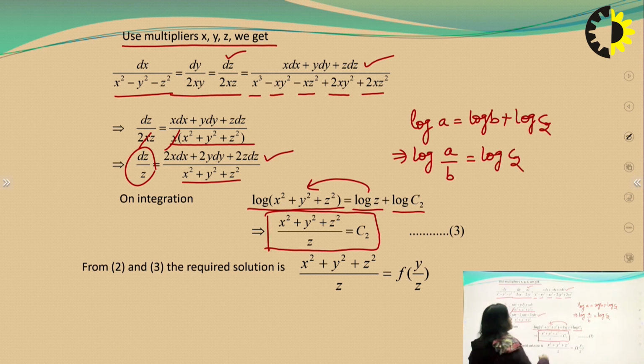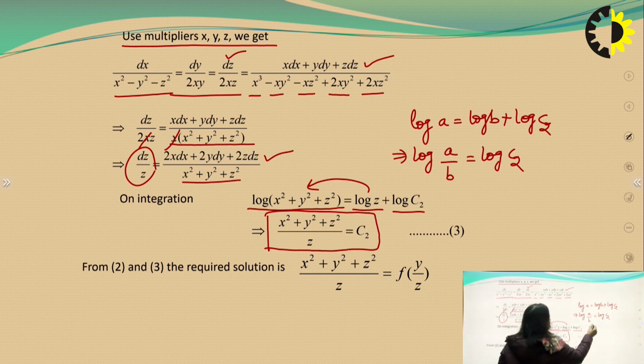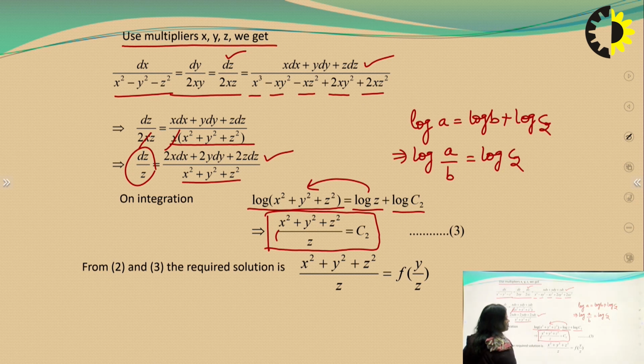And this log is taken antilog, and this gives a by b. So I'm getting x squared plus y squared plus z squared upon z equal to constant. Obviously, this is a solution.